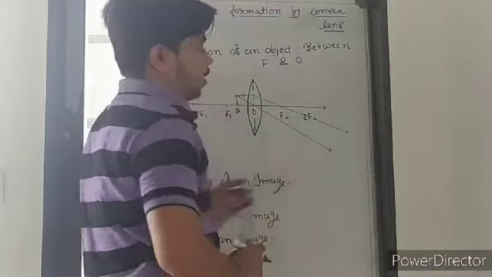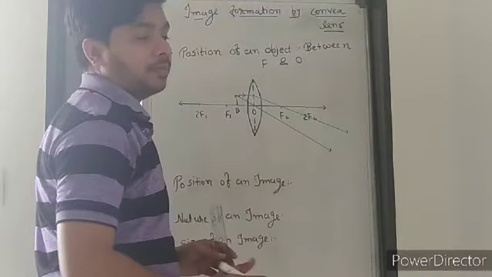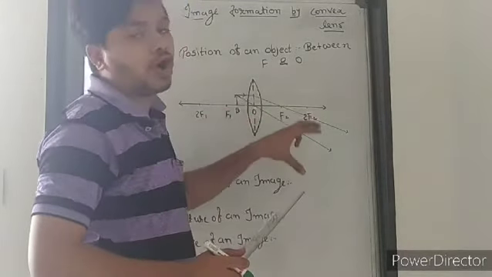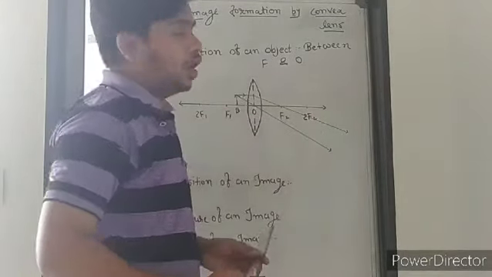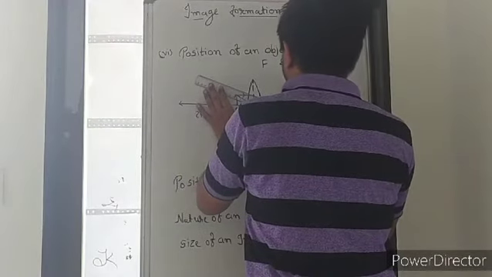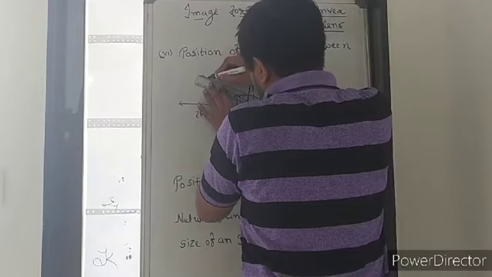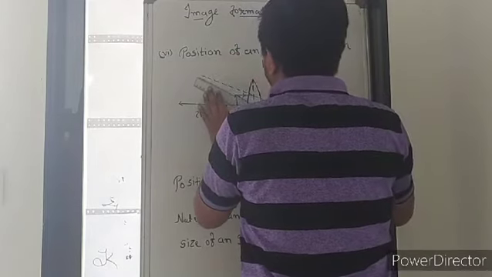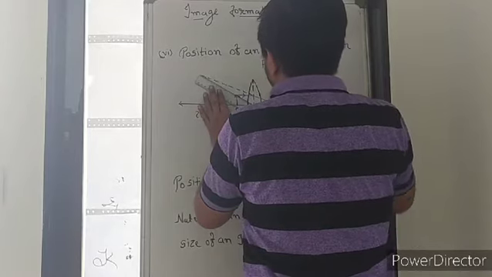As you can see, both the rays are diverging from each other. So, if you want to form an image with the divergent ray, you have to just extend it in a backward direction. So, at here, you have to extend it. Like that, at here also you have to extend, right?